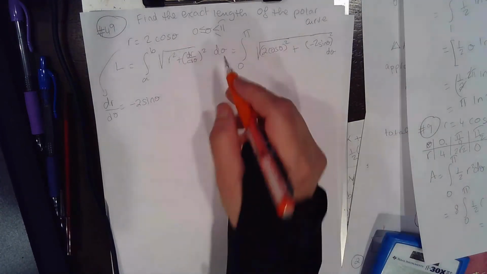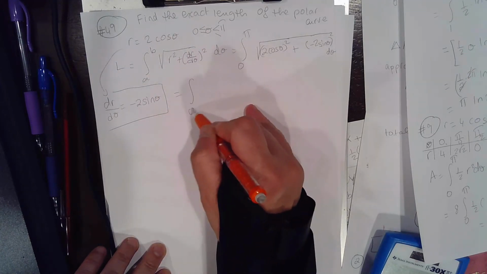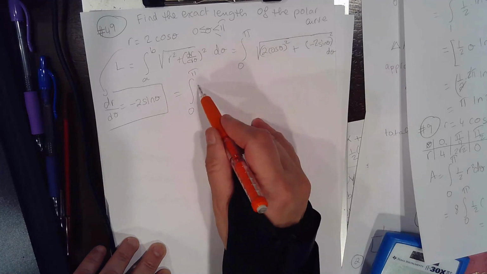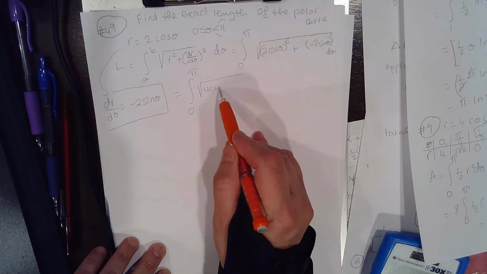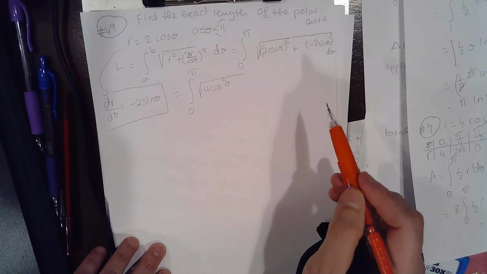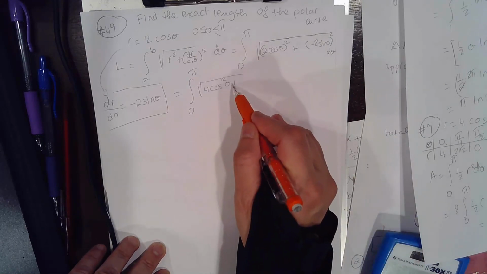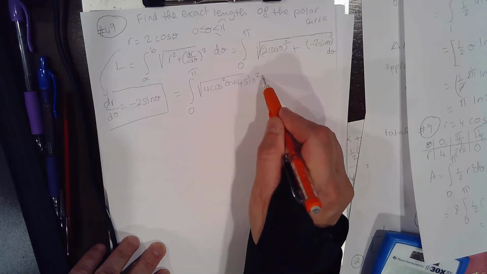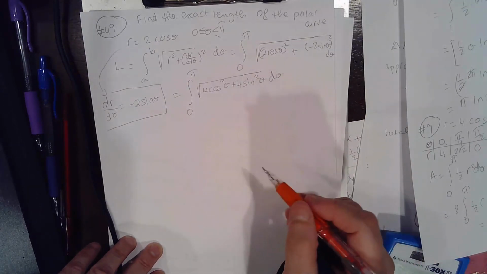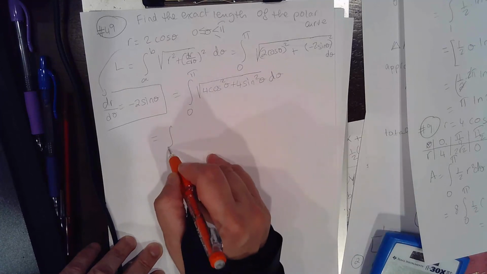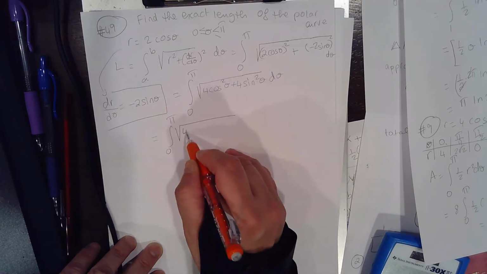Okay, so that will give me the integral from 0 to π of the square root of 4cos²θ plus 4sin²θ. What do you notice here? You can factor out the 4 from the square root.